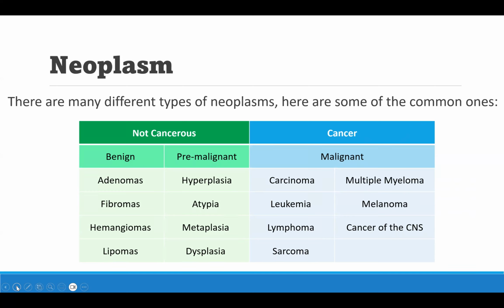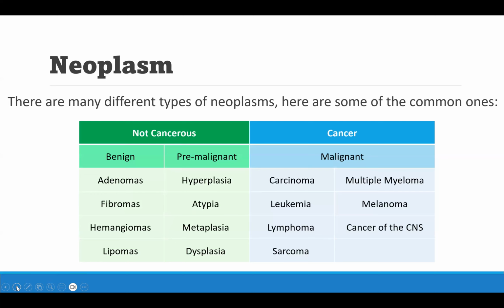So, on the left, we have these non-cancerous benign terms that you can use to save yourself time from drilling down on something that is not going to be fruitful from a risk adjustment perspective. So, adenomas, fibromas, hemangiomas, lipomas. Lipoma is just a fatty cyst. If it becomes malignant, it's going to be called something else, right?